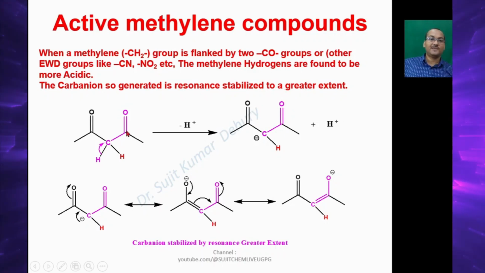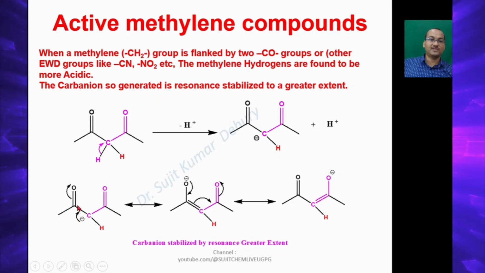Here with respect to this CO group, this is the alpha carbon and the hydrogens are alpha hydrogens. With respect to this CO group, this is also an alpha carbon and the hydrogens are alpha hydrogens. Since these hydrogens are flanked by two electron withdrawing groups, they are more acidic. This can easily lose a proton giving rise to a carbanion, which is resonance stabilized.